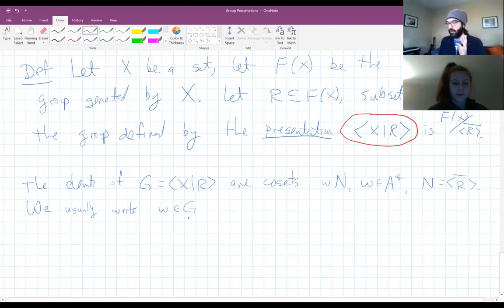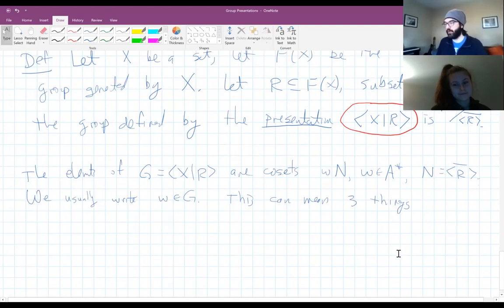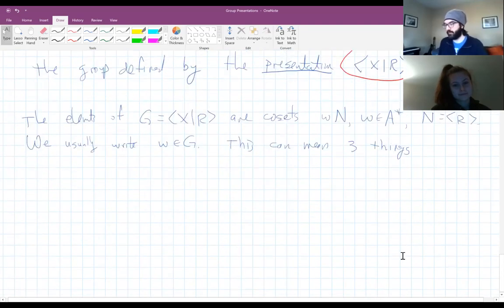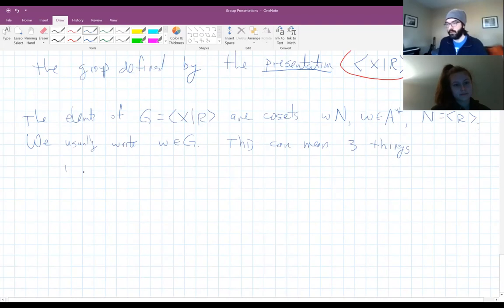But notice this can mean three things. And this is what it's like when you get into higher math. You really have to pay attention to context to know exactly what you're talking about. When you write w, w can mean three different things. First of all, w can be a word in A star.